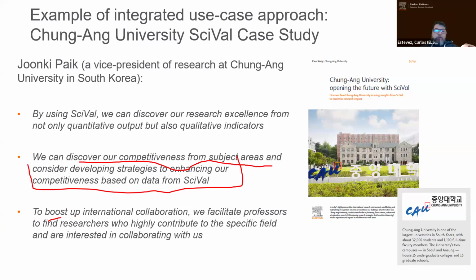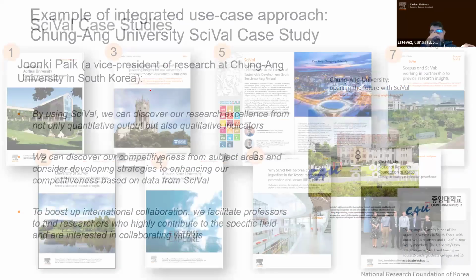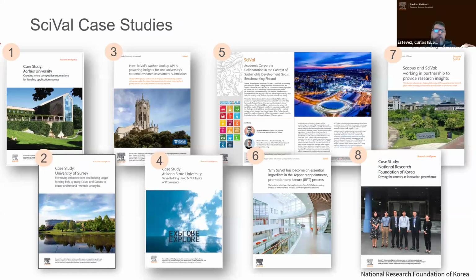The main idea is to boost the international collaboration, facilitating the professors to find who they can collaborate with. So this is a strategy and a specific use case that we documented about how to use SciVal in a real institution to make this kind of analysis.